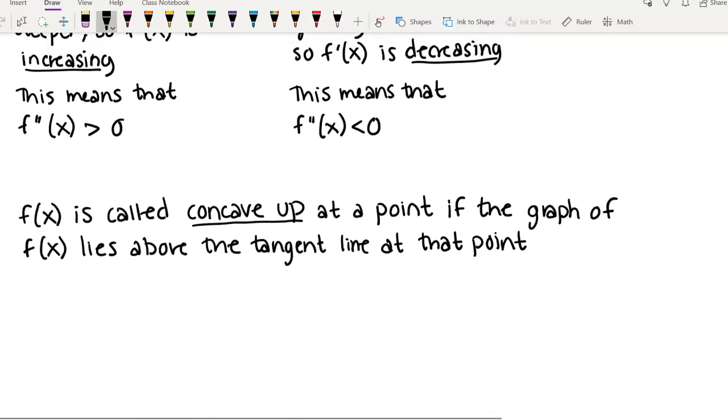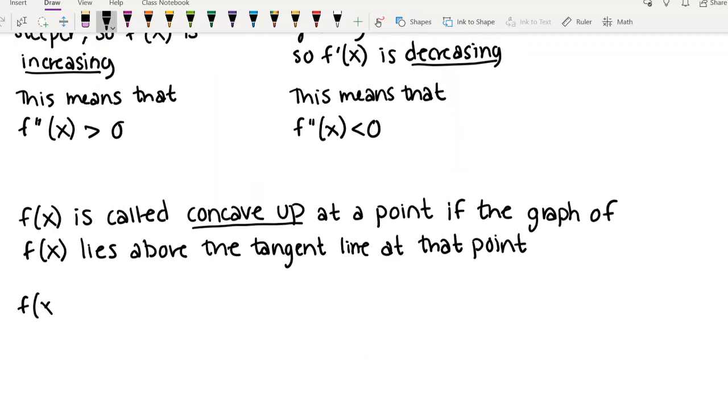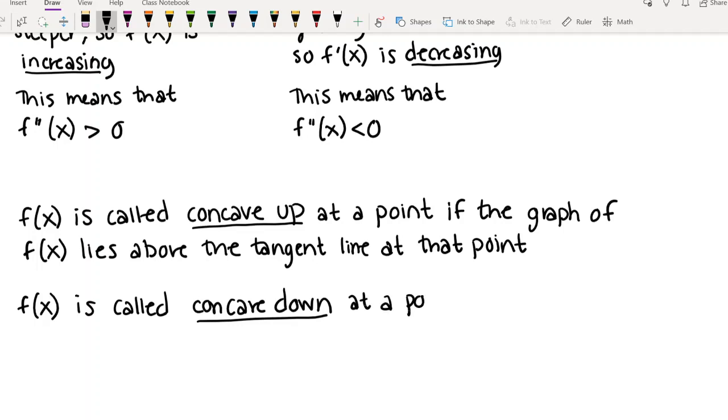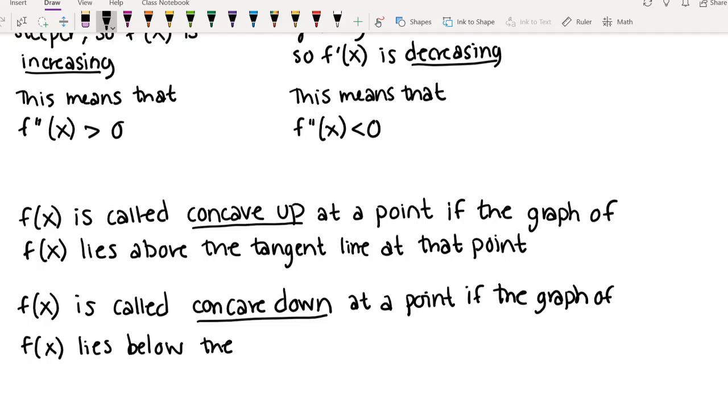And so similarly, a function is called concave down at a point if the graph of f of x lies below the tangent line at that point.